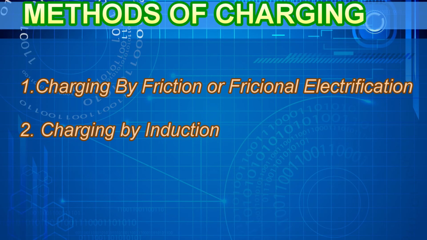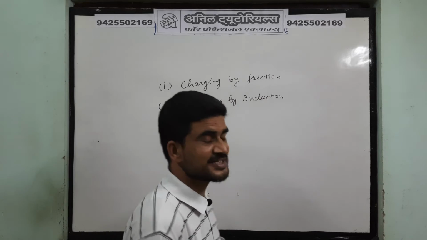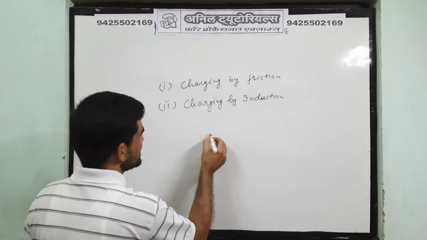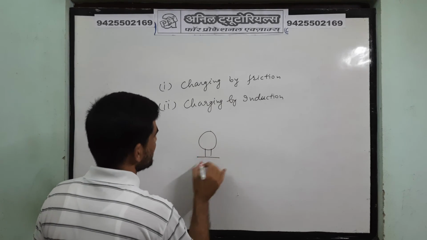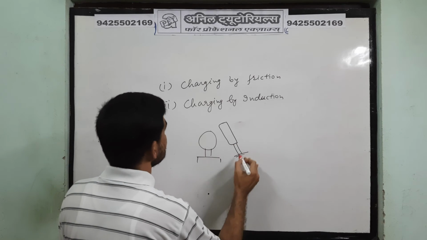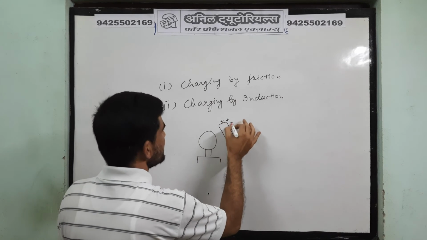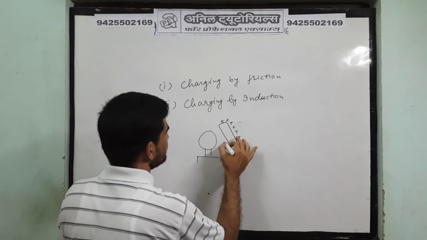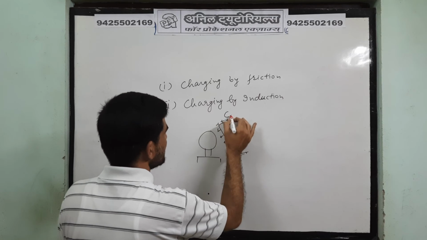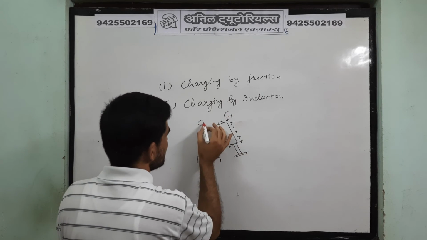Next, charging by induction. By the induction process, we can charge only conductors. Now take two conductors near each other. This is a charged conductor C1, and this is the uncharged conductor C2.